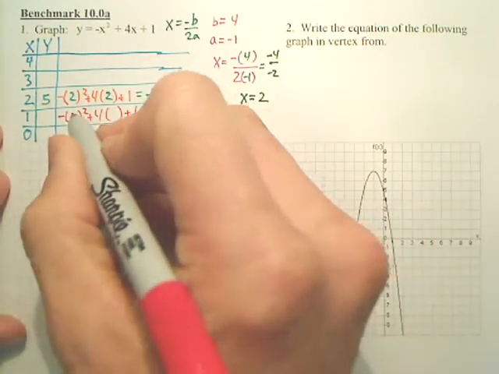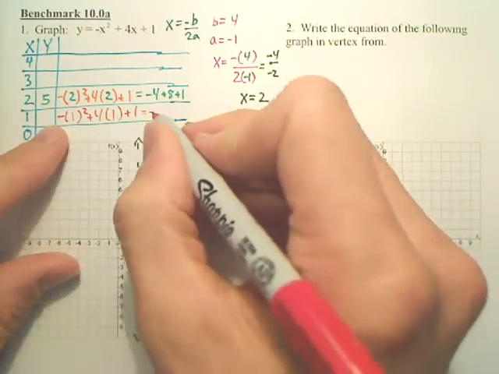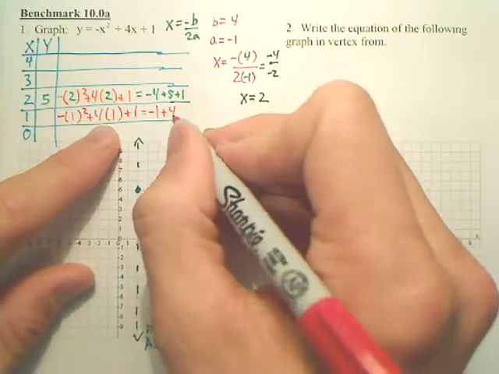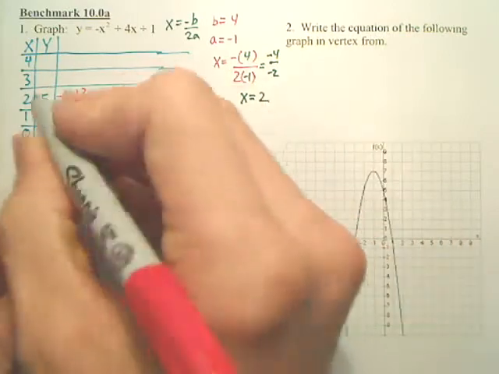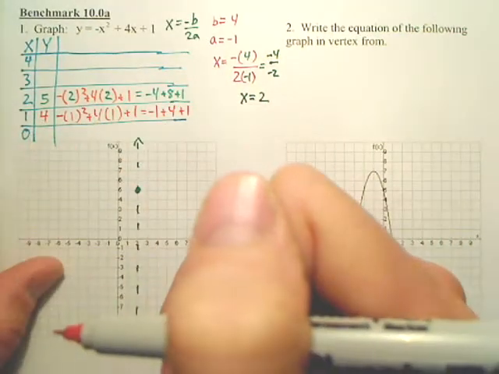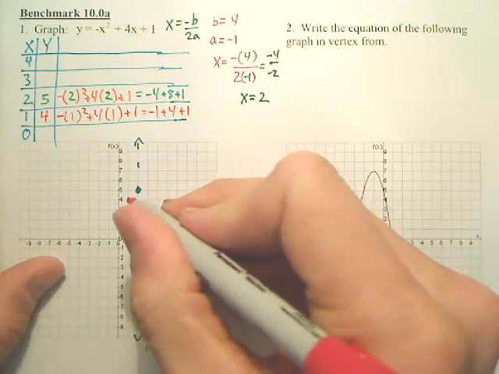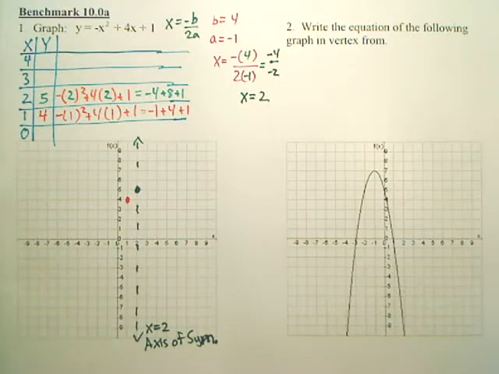So when I plug in 1, 1 squared is 1, then make it negative. 4 times 1 is 4, and then the plus 1. That's 3. 3 plus 1 is 4. So at 1, we're going to be up 4. (1, 4) is another coordinate.